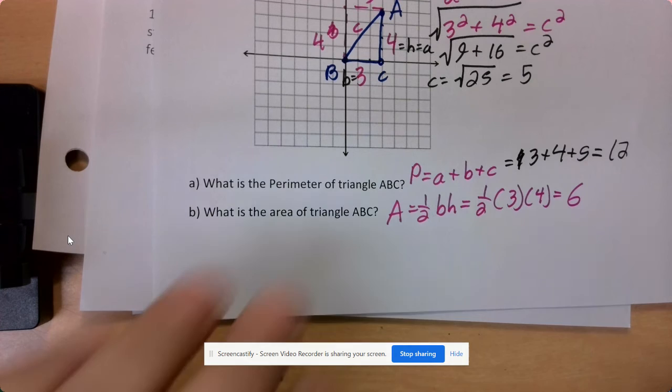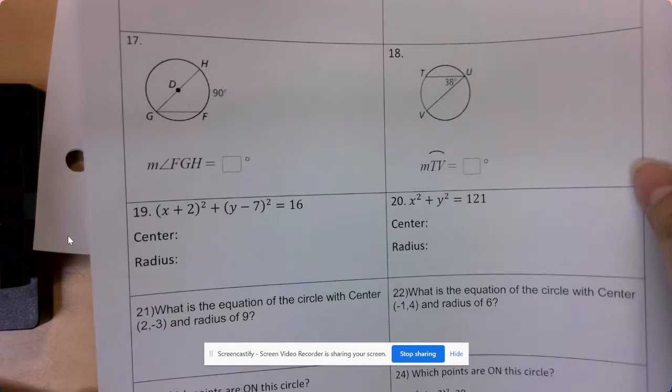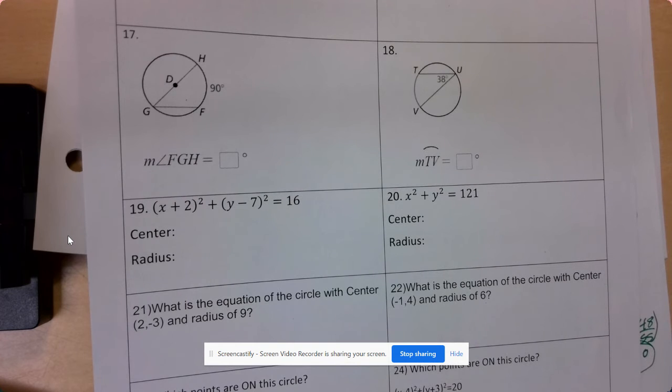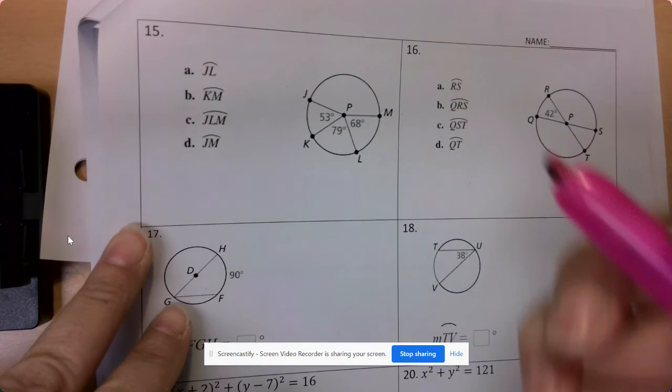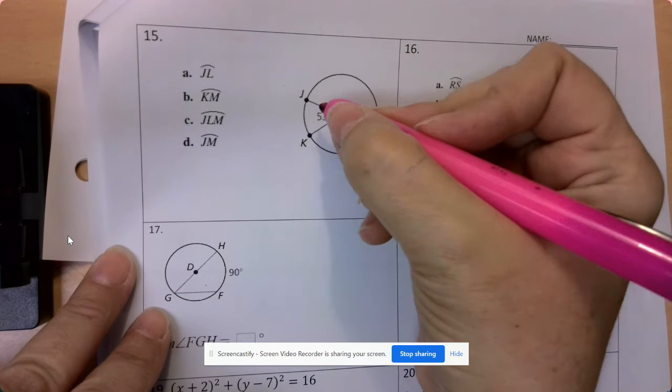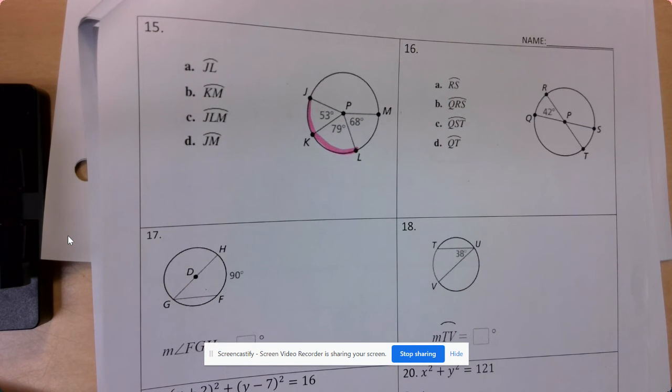Okay, here are circles. Love circling round and around. Okay, so on this one, everybody, they want us to find the measure of KL. So that would be these. So we started adding those together.